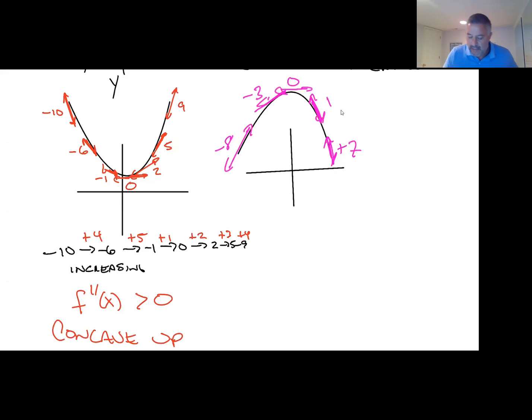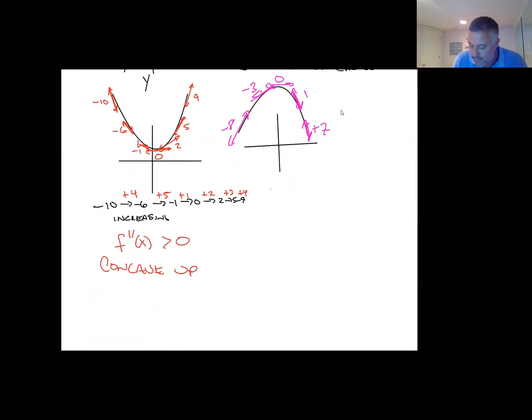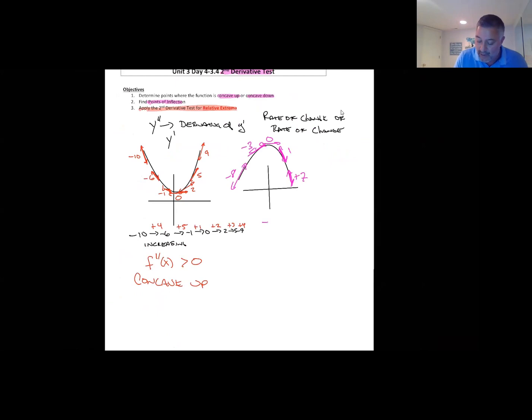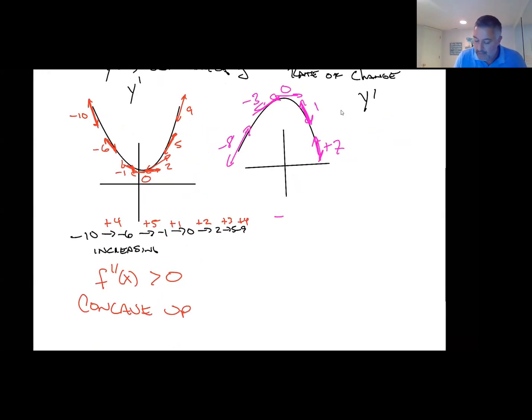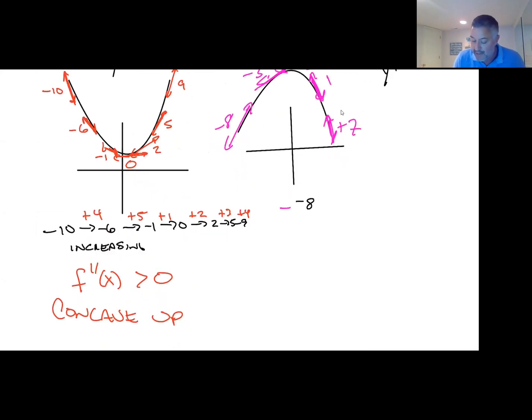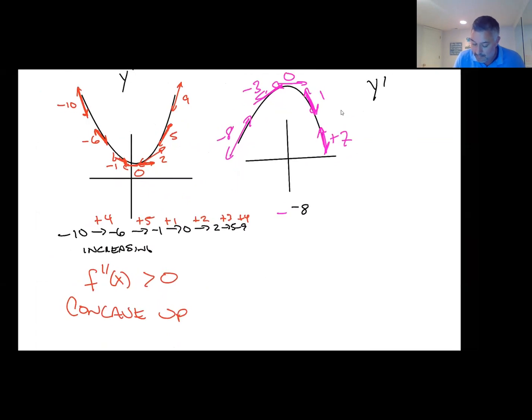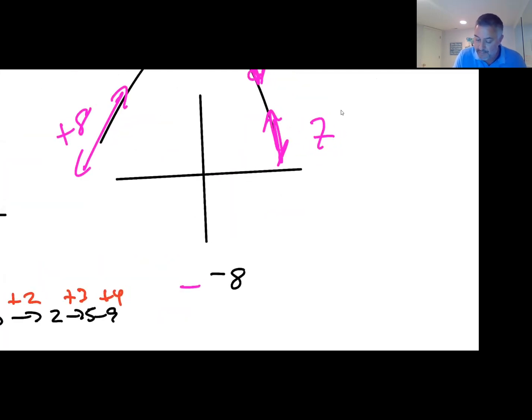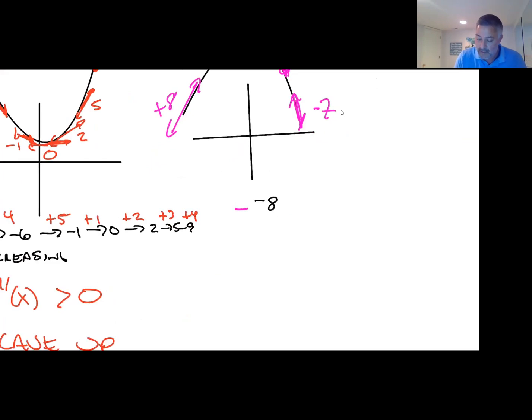So if we look at this one, my slope, again, this is y prime. So let's look at the slope of the slope, right? It's going from -8. Sorry, wrong direction. These guys are positive, aren't they? +8, +3, -1. Those slopes are negative, -7. That makes a lot more sense.